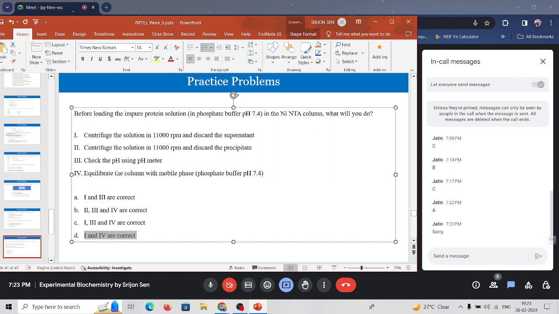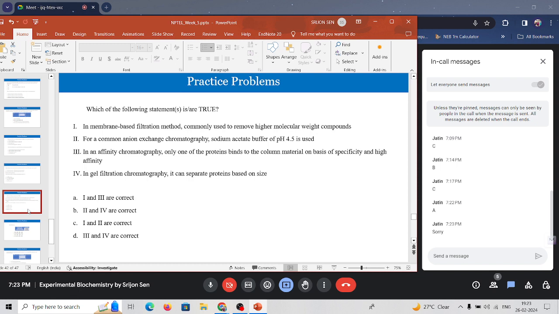So 2 is correct, and 2 and 4. So okay, B is correct, right? You will centrifuge the solution and discard the precipitate because your protein is there in the supernatant. If it is in the soluble fraction, then you can check the pH and equilibrate with the mobile phase. So B is the correct option, right?